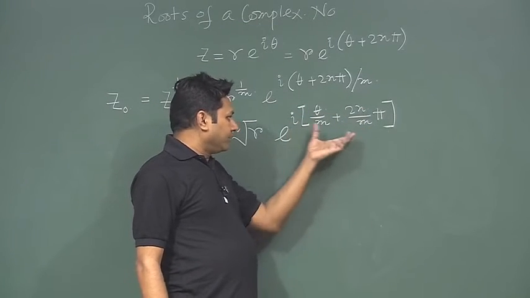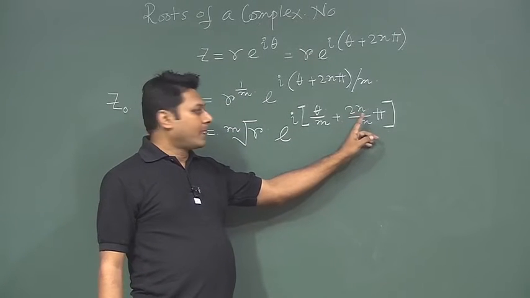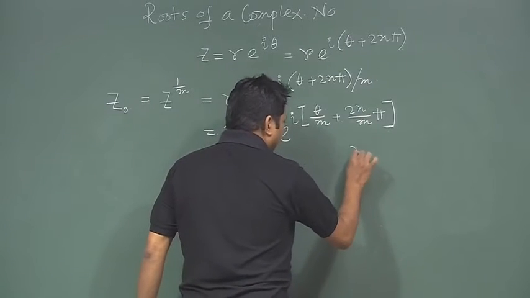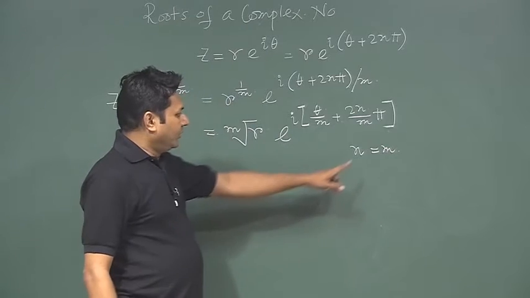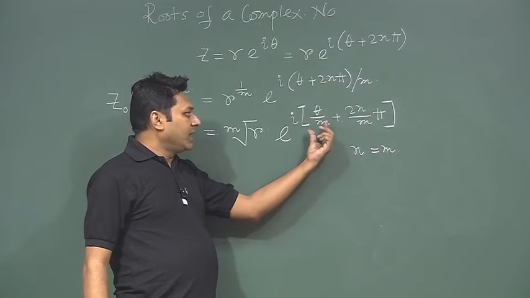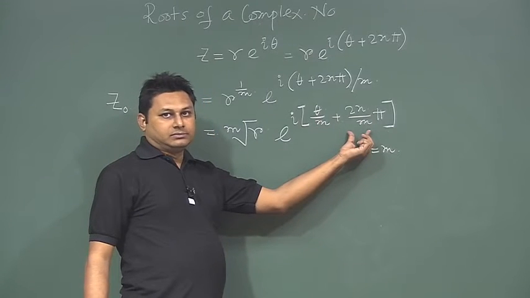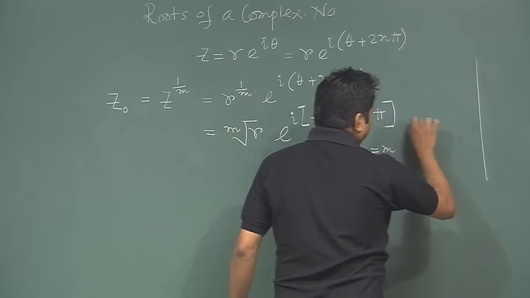But here, in order to find out the root, what should be the limit of n? If you look carefully, you will find that when n is equal to m, I will have a value which is this plus 2 pi. So, that means whatever the value I will have as a root.